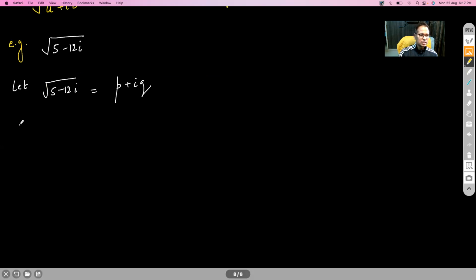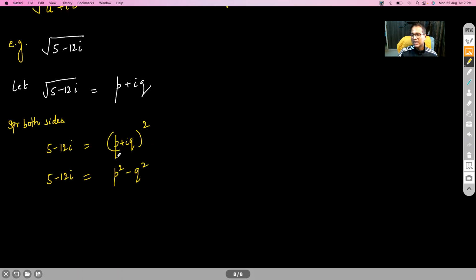Now square both sides. When you square both sides, you end up getting this. Let's write down the expansion of p plus iq whole squared. This will give you p square. i square q square will be minus q square because i square itself is minus 1.